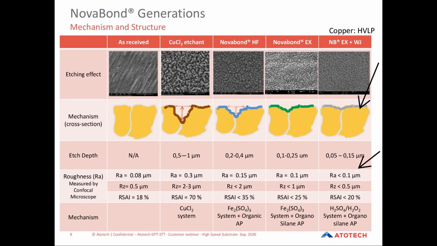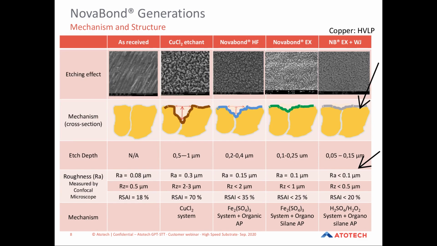To give you some background on the system: NovaBond HF and NovaBond EX are based on ferric iron, an iron sulfate-based etching solution, where we add organics. When we lower the roughness, because most of the adhesion is based on mechanical anchoring, the lower the roughness, the lower the adhesion.